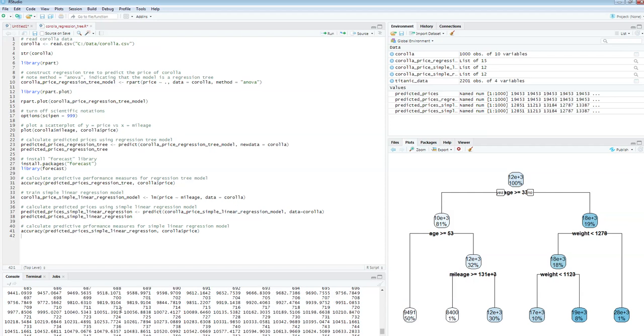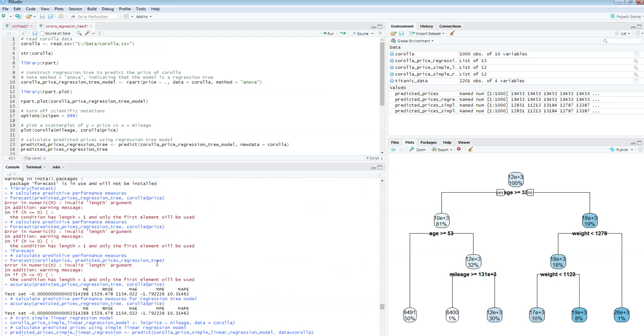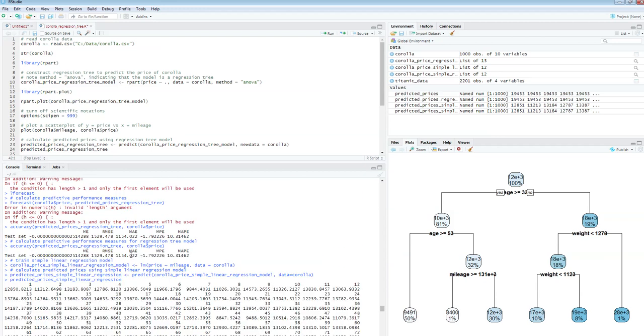Let's compare that with the one that we had before. I'm going to pull up all the data here. So the mean absolute error for the regression tree was 1154. So I can see that the regression tree is better in predicting the Corolla price than the simple linear regression based on just mileage. MAE is lower.